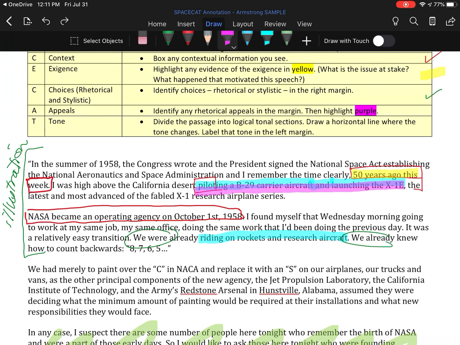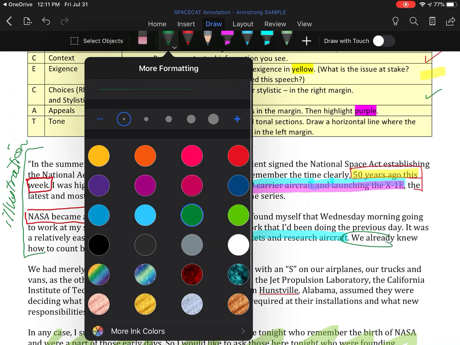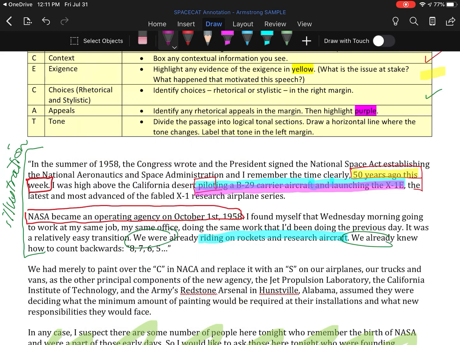But if we look at this part, I'm going to add a note to kind of explain why I picked that out. But he is kind of an expert, right? Because he started at the ground level of NASA, this experimental type flying before it became what it is. So that's his own credibility, his own experience.